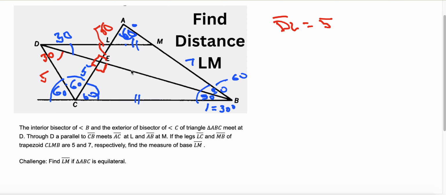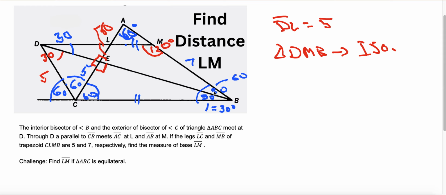And now, triangle DMB is an isosceles triangle. Why? Because here is 30, here is 30, and here has to be 30 plus 30, 60, plus 120 is 180. So this is an isosceles triangle.